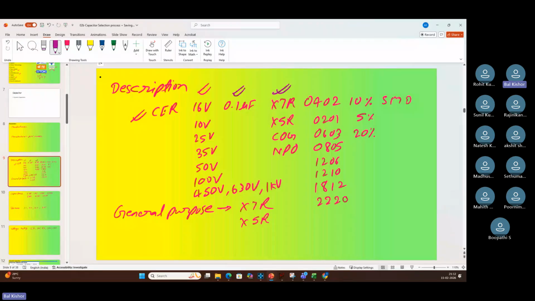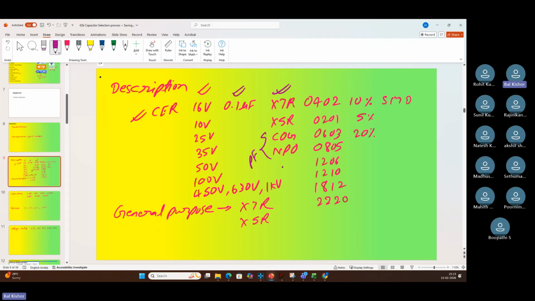Most commonly used material is X7R. It is a little bit stable. A little lower grade than X7R is X5R. And if you really want very good capacitors, you can go ahead with C0G or NP0. But the problem with C0G and NP0 is that they are available only in the picofarad range.